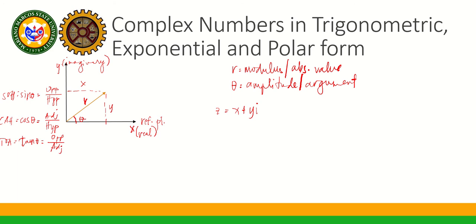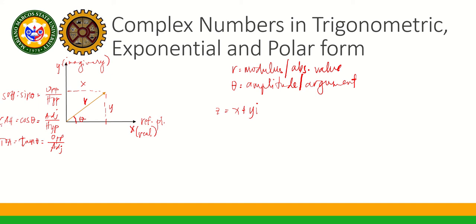Okay? So, this time, how do we get the value of x? Okay? So, yung kukunin natin is this one. Given tayo ng y and r, so ang gagawin natin is, since adjacent yung sinosolve natin, we can use this one. Okay?